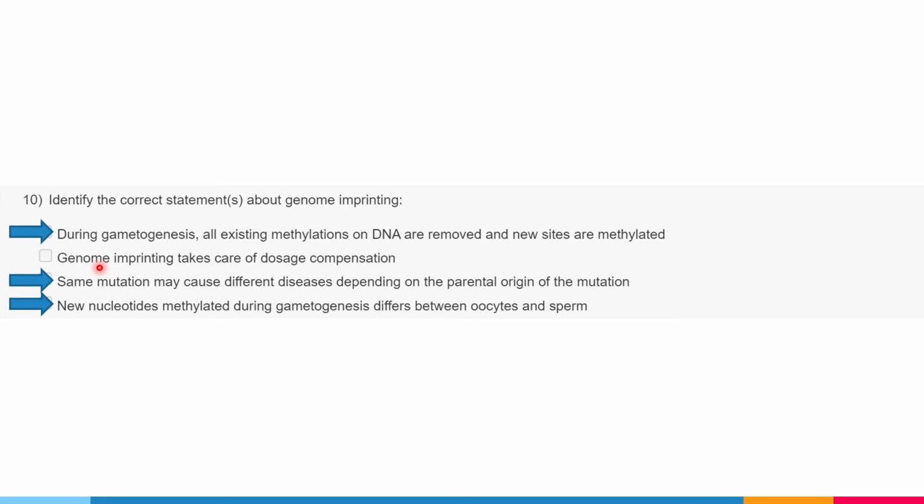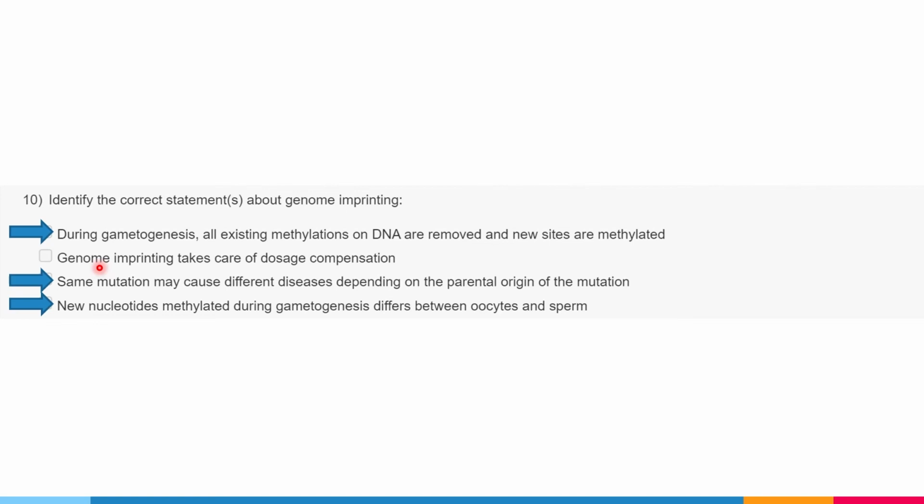Okay. So, what dosage compensation essentially tells us is that in the females there are two X chromosomes, whereas in the males there is one X and one Y. So, does the number of genes that are expressed and the proteins translated in the females double that of males? Obviously not, because that would create severe phenotypes in females. So what happens is that dosage compensation occurs, which can occur in various ways.